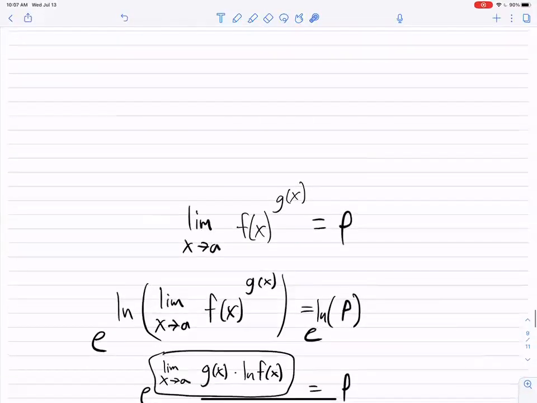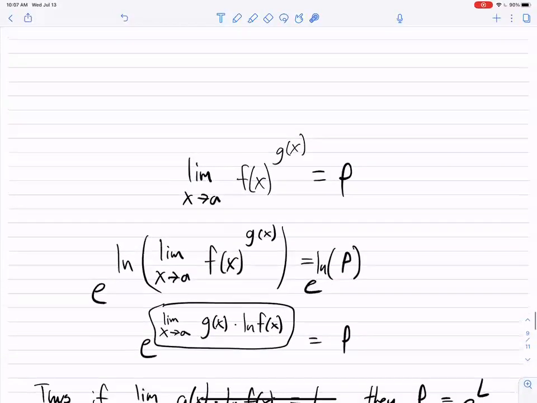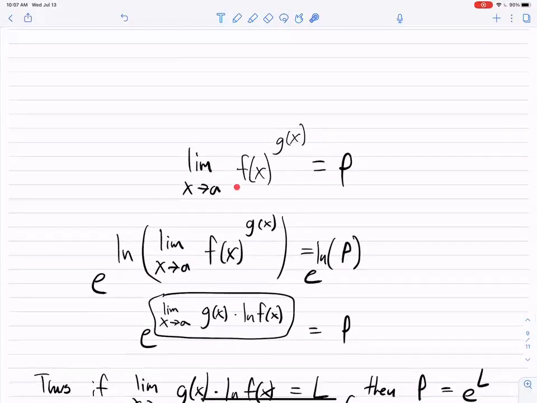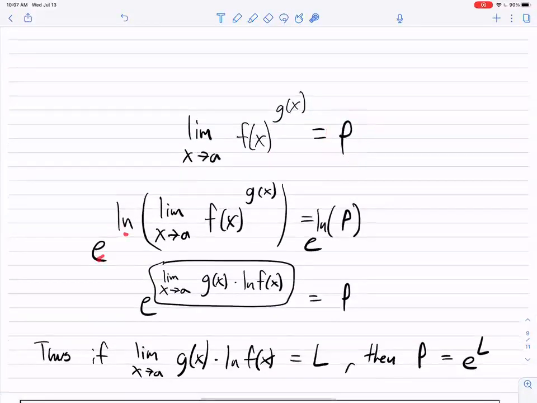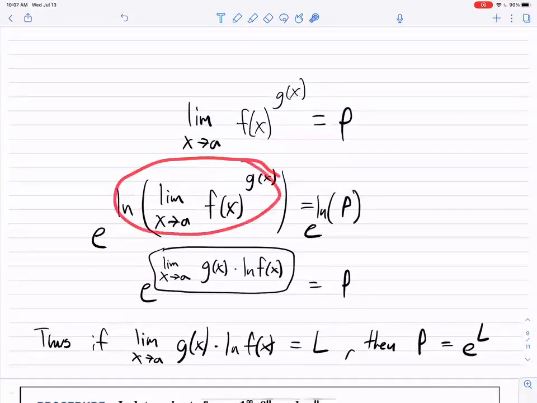All right, let's talk about one last kind of indeterminate form. And so whenever we have limits of a function raised to a function, so exponential functions, the idea is that if that limit were to exist, then doing our little ln trick on both sides, this right here can be remanipulated.